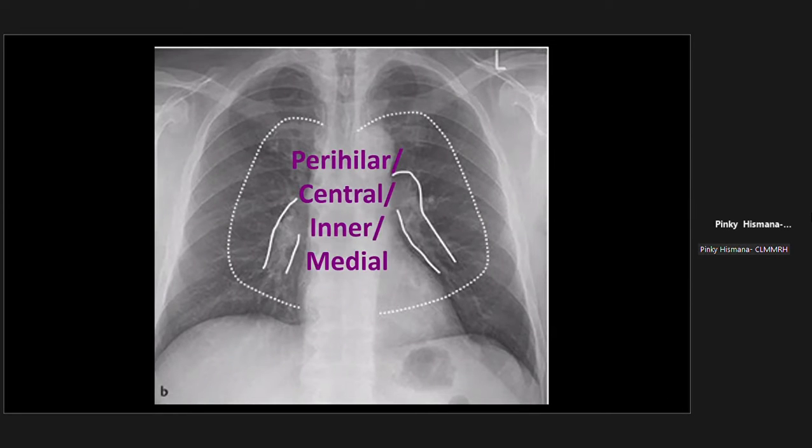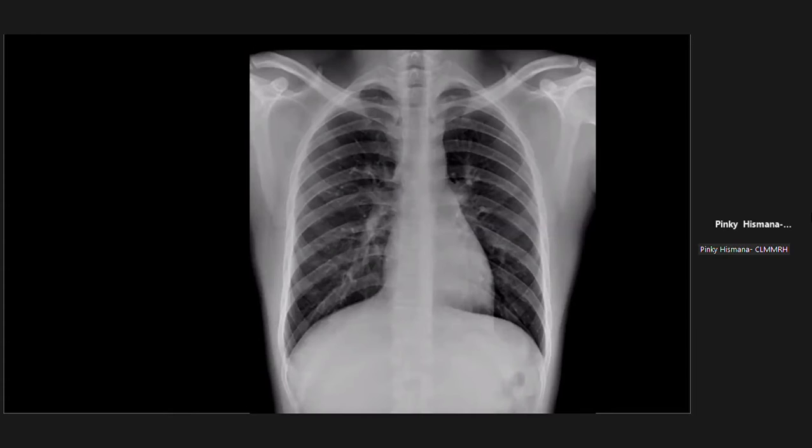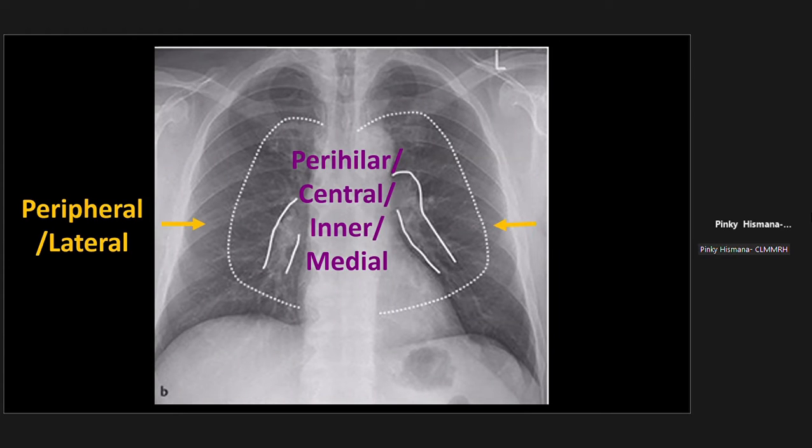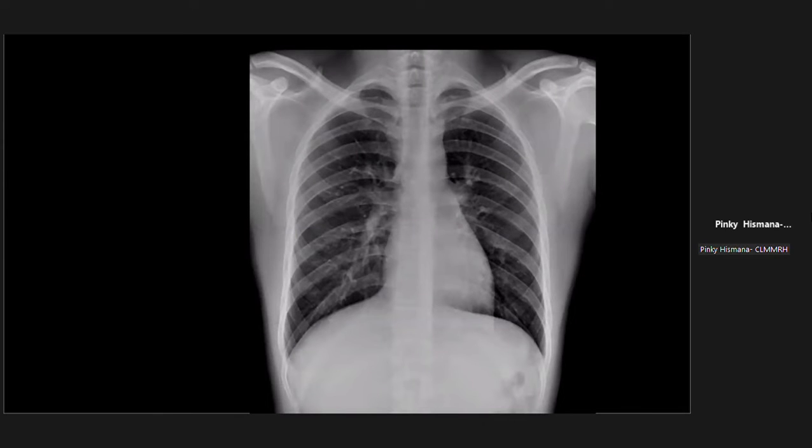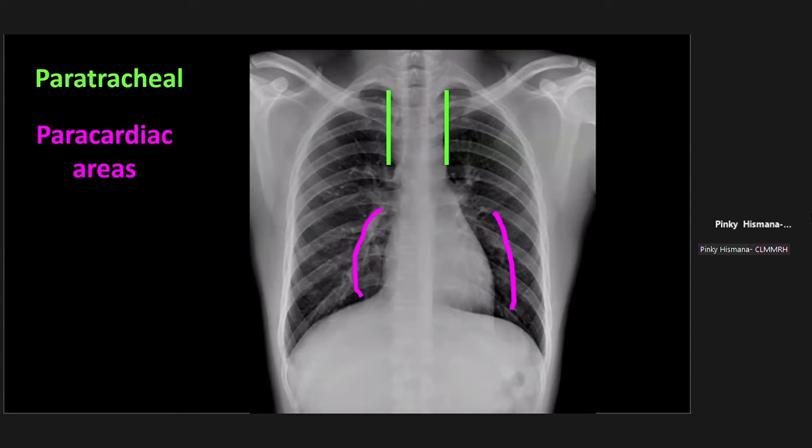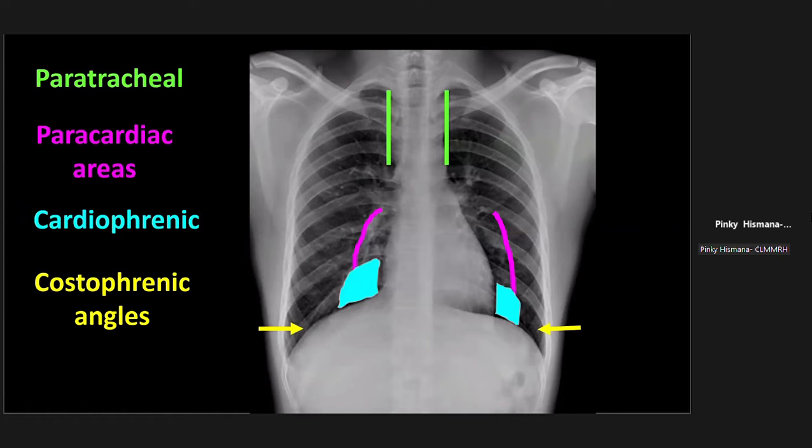Then as a recap also, we have the perihilar region or central region. Then we have the peripheral or lateral, and I've discussed with you the significance of which will help us clinch the diagnosis in certain conditions. So as a recap, we have the paratracheal area, the paracardiac areas, cardiophrenic areas, and costophrenic angles.